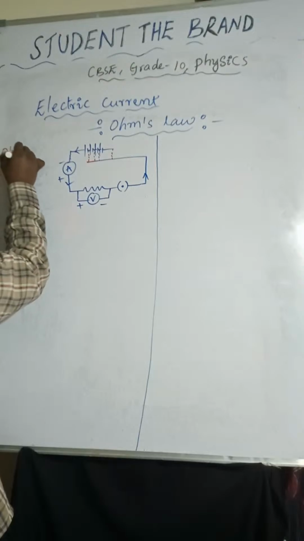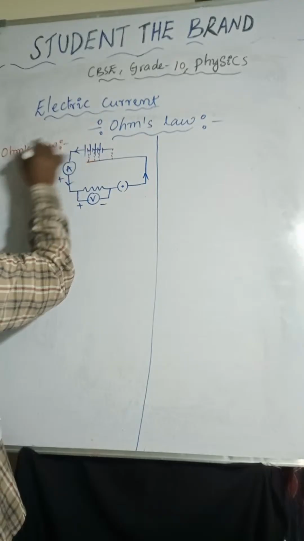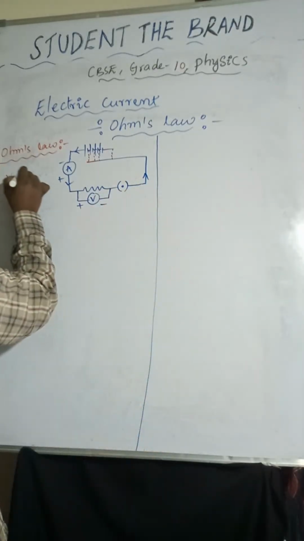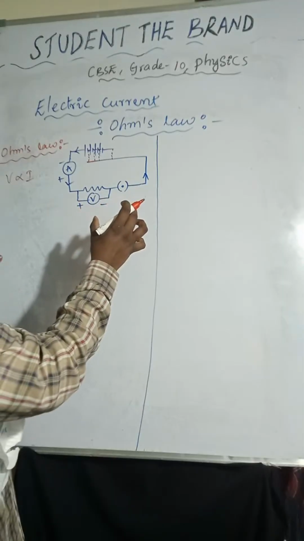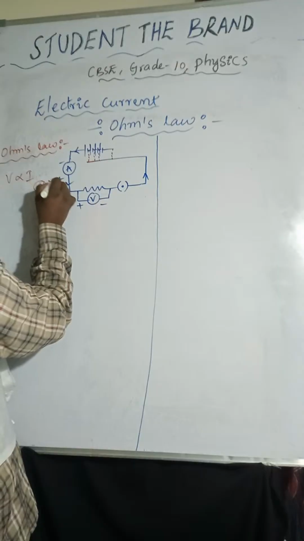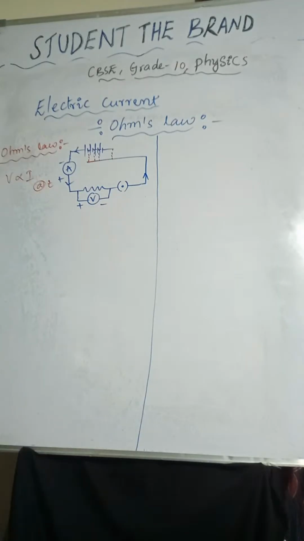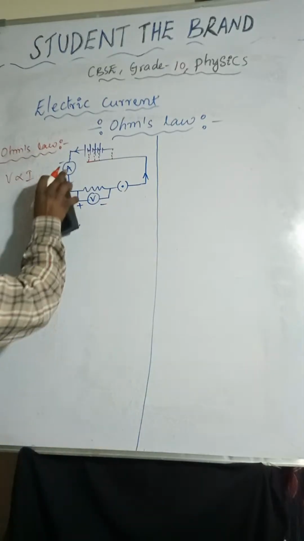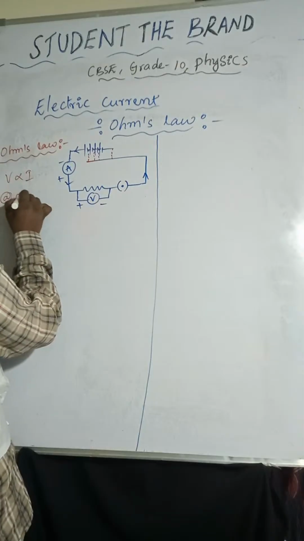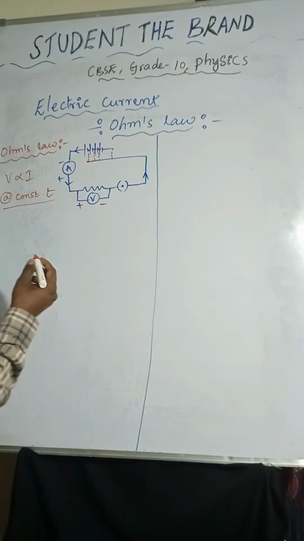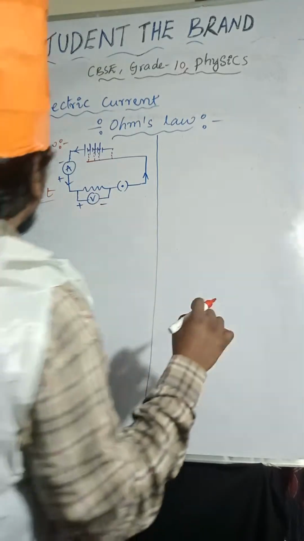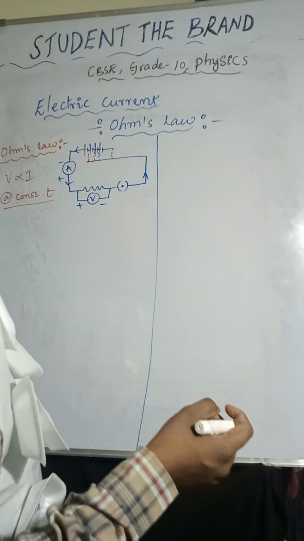Ohm's law definition: the potential difference across the ends of a given metallic conductor is directly proportional to the current flowing through it at a constant temperature.